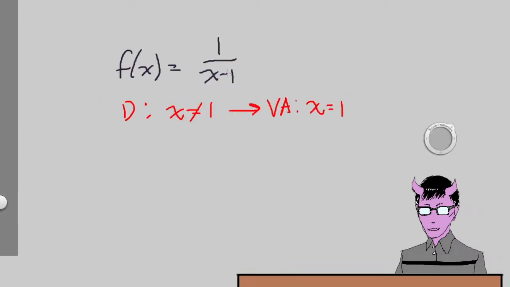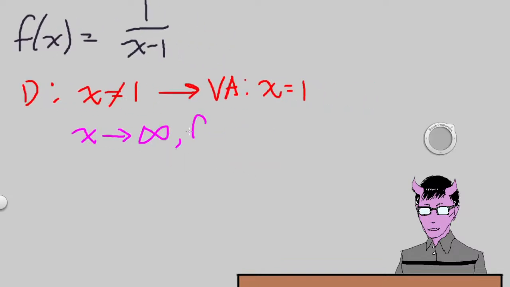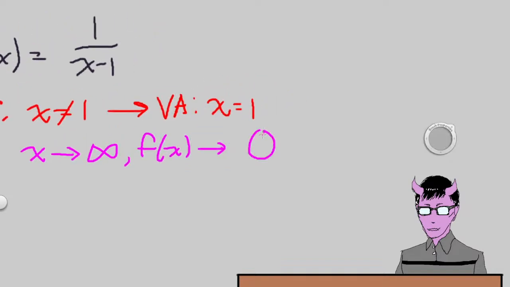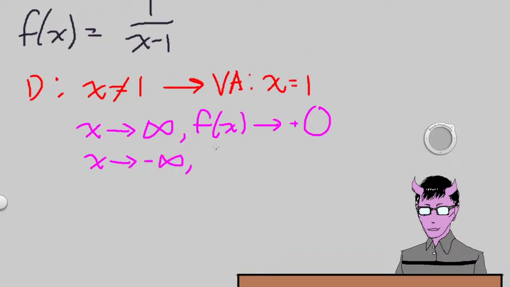So let's summarize exactly what we talked about. As x approaches a huge size positive number, the y value f of x approaches almost 0, but it's a positive almost 0. Most teachers, I don't think they want you to write this, but I'm going to write it. What happens when x approaches a negative large sized value? Then the y value f of x approaches almost 0, but it's a negative almost 0.